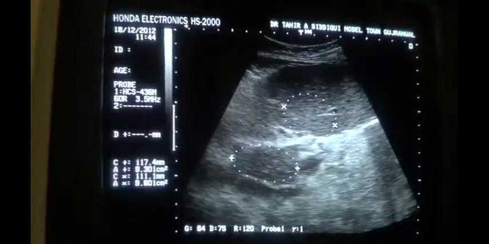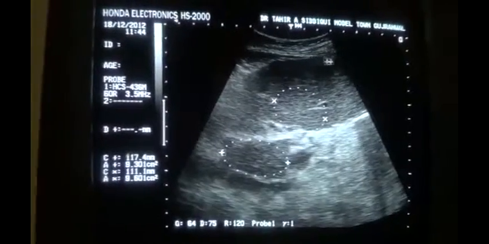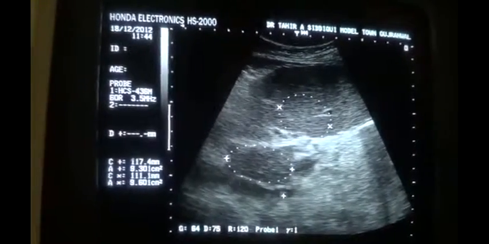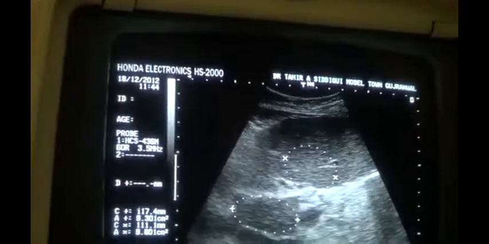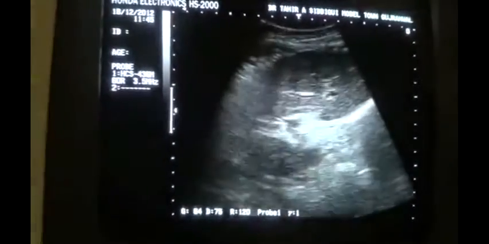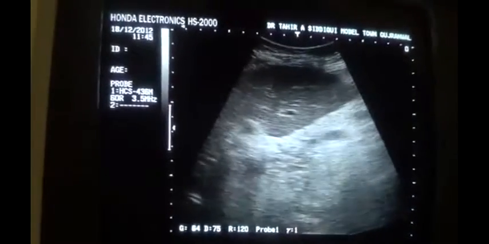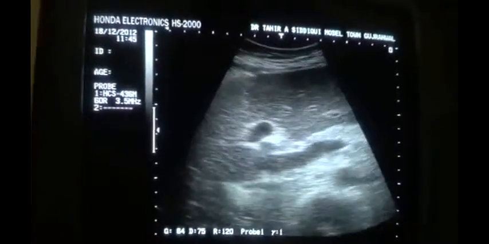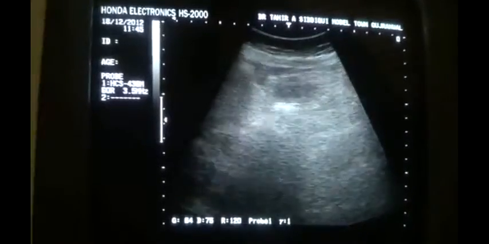This is the outer surface, irregular. This is the IVC, this is the portal vein, and this is the ligamentum venosum. So the caudate lobe echogenicity is really preserved in most cases of cirrhosis.